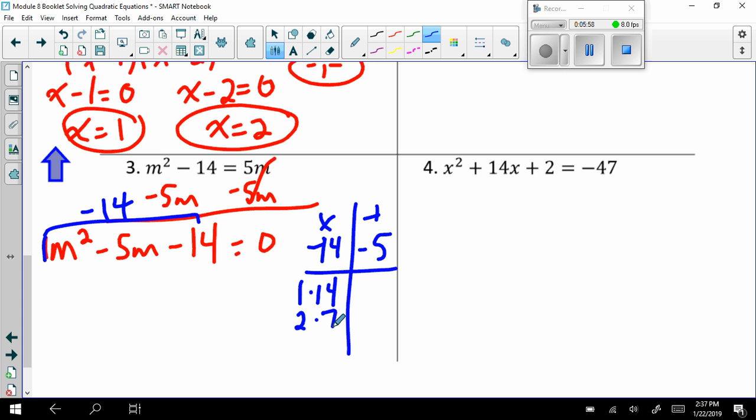Thinking about my signs, since I am multiplying to a negative, my signs will be different. Since I'm adding to a negative, my bigger one will be negative. So it's going to be 2 and negative 7, because 2 times negative 7 gives me negative 14, and 2 plus negative 7 gives me negative 5. So 2 and negative 7 is what we're going to use.